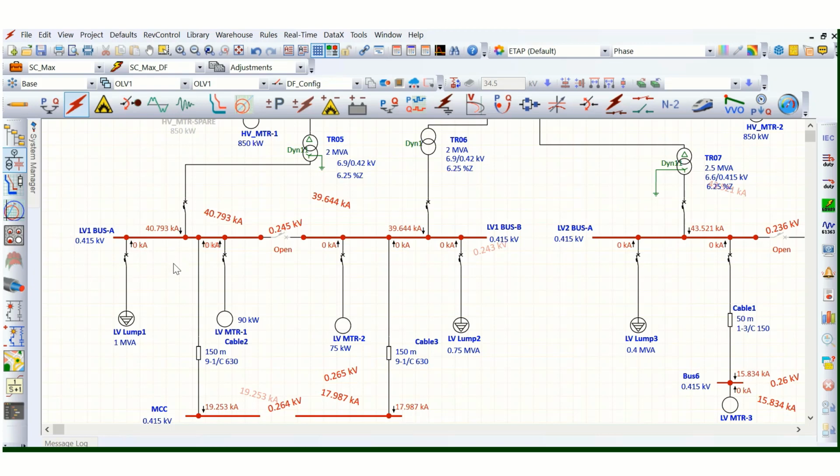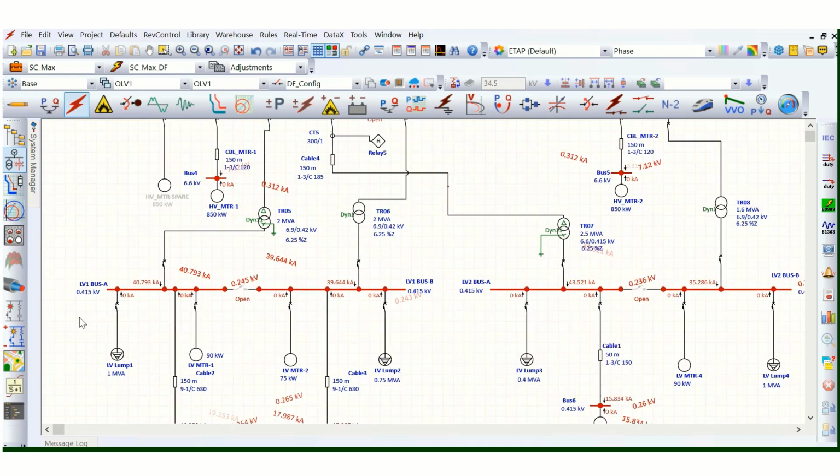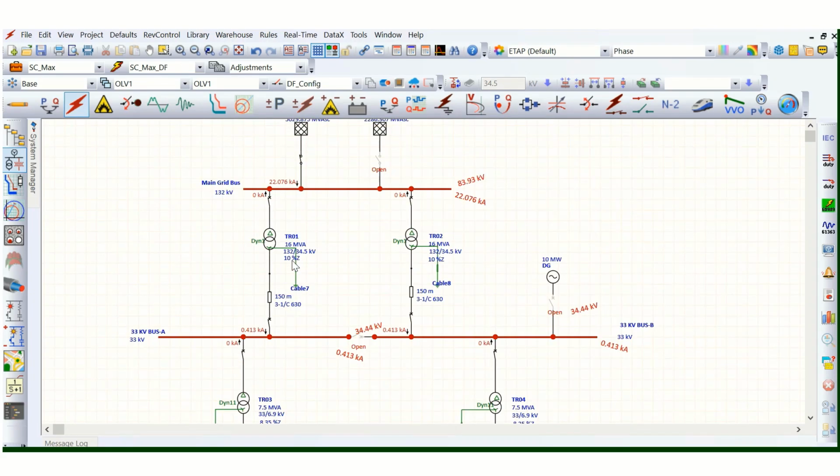So that will be very risky as well. So this LV system should be solidly grounded as per the codes as well. But for the medium voltage system, it will be a resistance or reactive grounded system. And for extra high voltage system, suppose 400 kV level, it should again be a solidly grounded system.